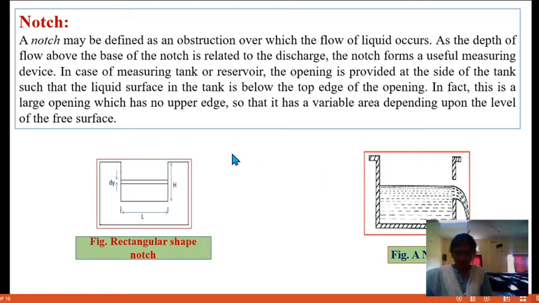Whatever rectangular opening there is, it is called a notch. This is the metallic plate. Sometimes in the surroundings we will see a masonry structure also, but in most cases it will be a metallic plate for a small stream. So this is the rectangular opening.